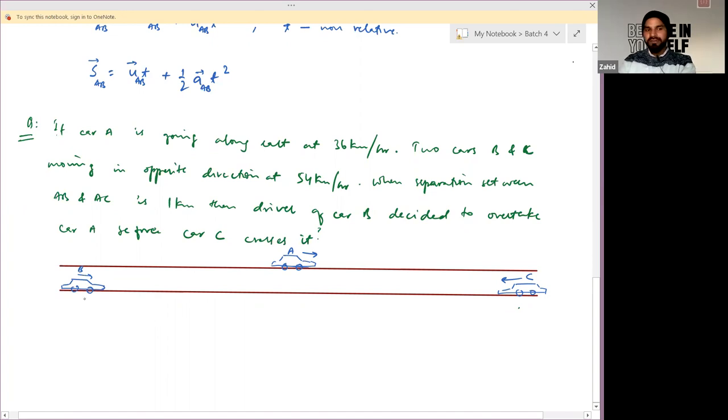So driver of car B decided to overtake car A before C crosses this car A.